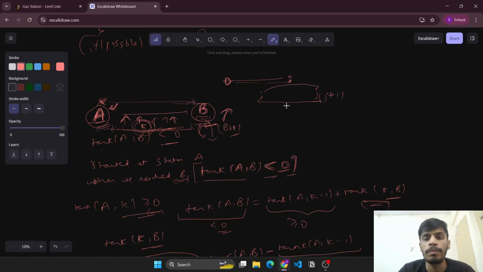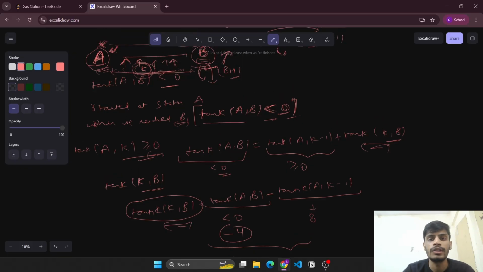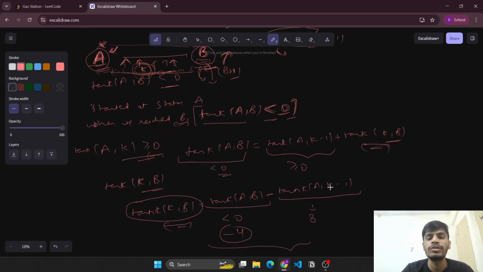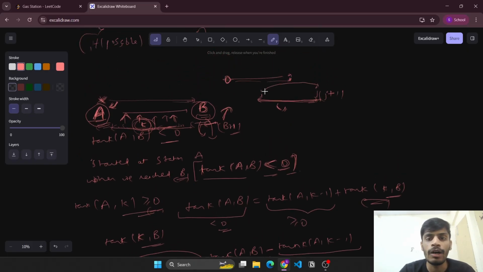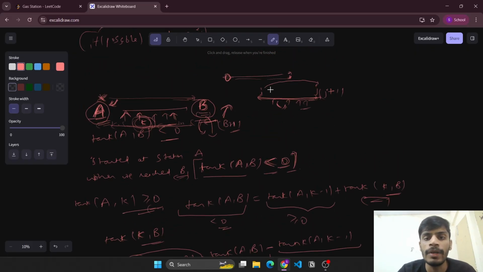If we take any value between I and j, it is simply not possible, because it will be even more negative. The tank of k comma b was part of the overall tank of I to j, which was negative, minus the tank of I to k minus 1, and all the middle values are greater than or equal to 0. So this value will become more negative. Hence we need to update our starting point to j plus 1.